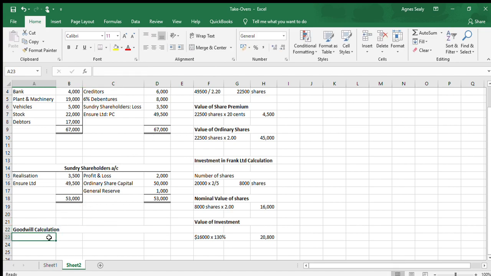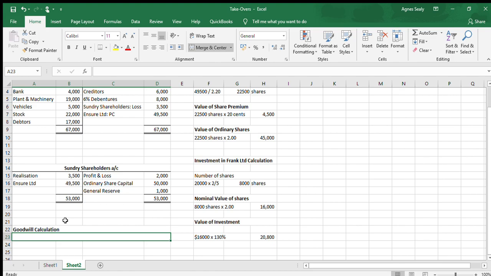So to calculate goodwill for Ensure, you would take the net assets of the taken over value of the net assets of Wall, and you will subtract that figure from the purchase consideration, that which is the value of the shares that Ensure had issued to the shareholders of Walls Limited, and the value of those shares was $49,500. And we are going to subtract one figure from the other.